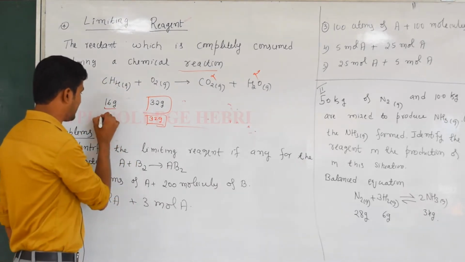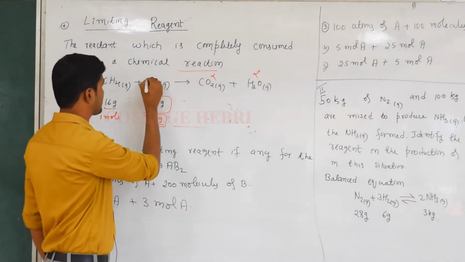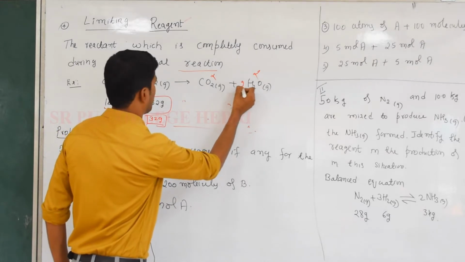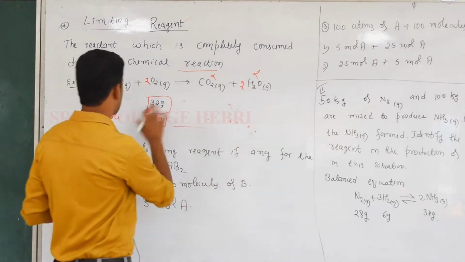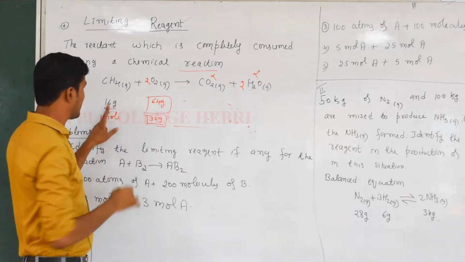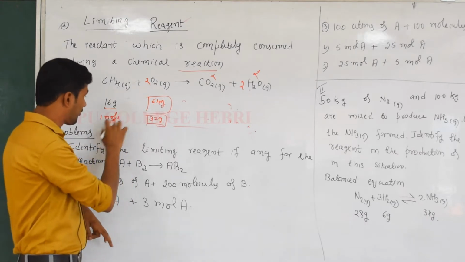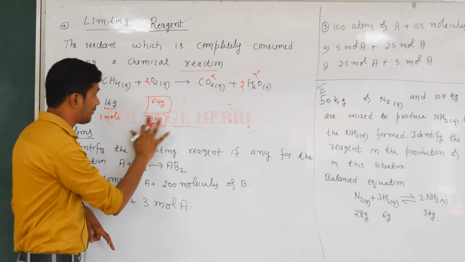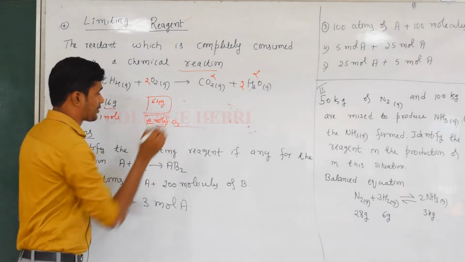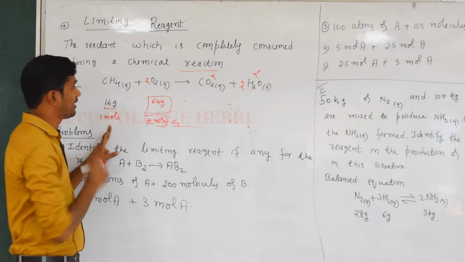Or you can write like this, 1 mole of CH4 plus, this is not balanced, I'll first balance it, 2O2, and 2H2O. Now this equation is balanced, so here I can write it as 64 gram. 16 gram of methane requires 64 gram of oxygen, or 1 mole of methane combines with 2 moles of O2. So 2 moles of oxygen is the minimum amount of oxygen required for this reaction.